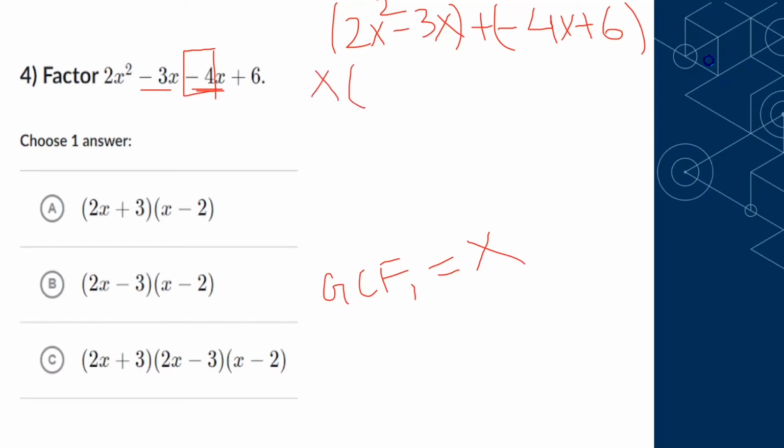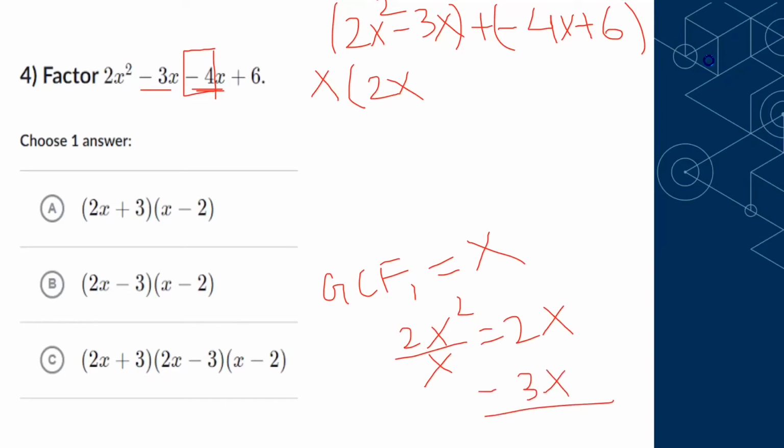Once you figure out your GCF, you're supposed to divide each of the terms by the GCF. 2 divided by 1 is 2, x squared divided by x is x. The second term is a negative number, so I'm going to divide the negative number by my positive GCF. -3 divided by +1 is -3, because negative divided by positive is negative. And x on the top, x at the bottom, they cancel out and you're just left with 3.